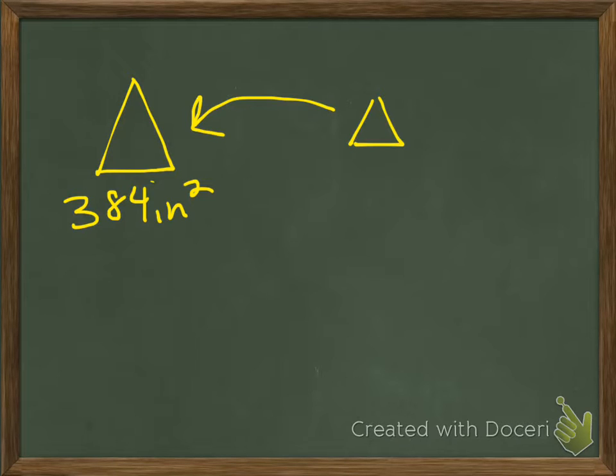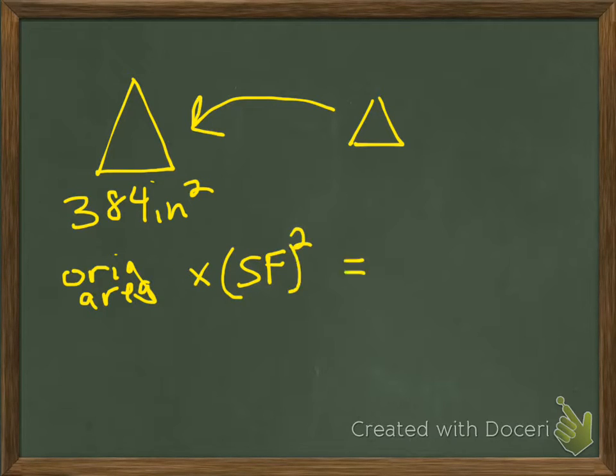So now you're still going to use the formula. Remember, your formula is original area times scale factor squared is equal to your new area. That is your formula. Just when you're finding regular area stuff. Okay, now we're going to plug it in. They gave us the new area, but they want to know what the original area is. So we don't know this.